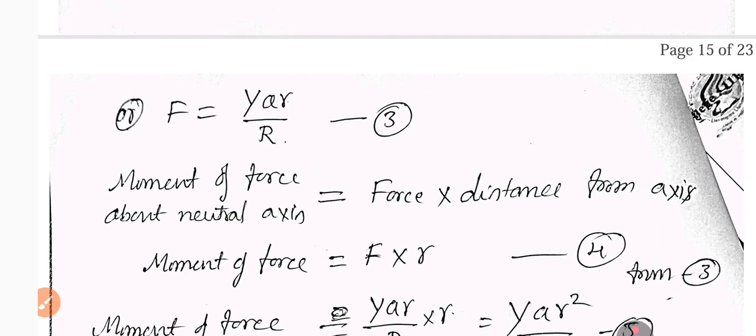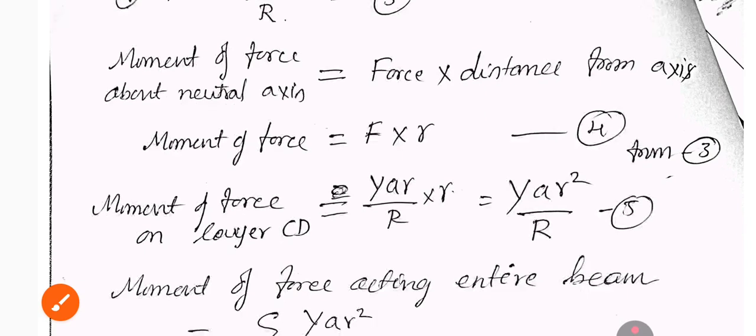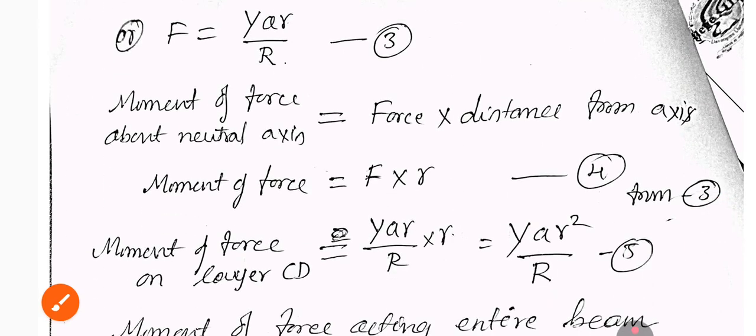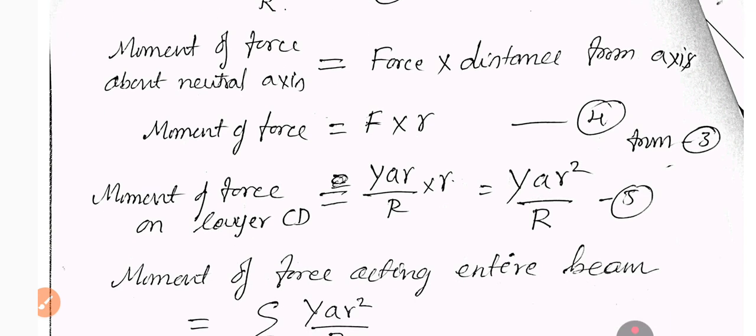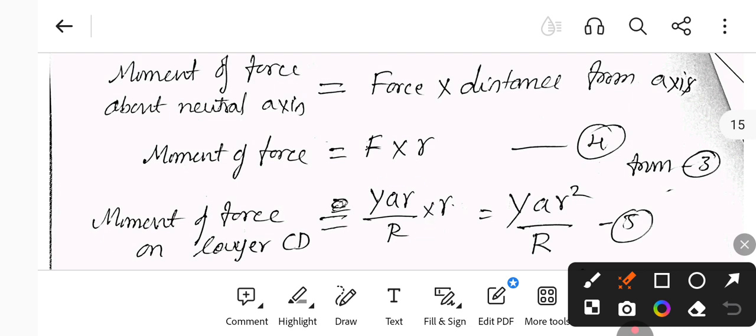So F is equal to Y A r divided by R. The moment of force can be calculated as force into distance from the axis. Then the moment of force is equal to F times distance, that is r. We already calculated F in the third equation, so we substitute here and we get the moment of force as Y A r into r, giving Y A r square by R. Let it be equation 5.